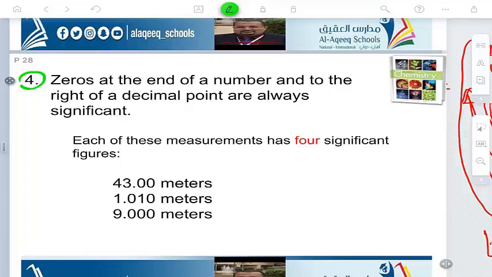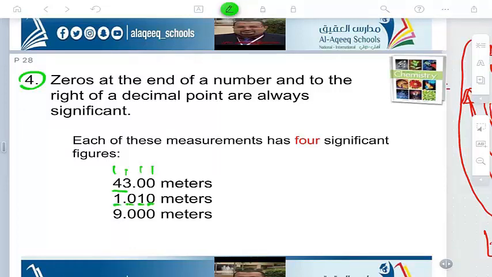Look at this example: 43 meters, but we have a decimal and 0, 0, and we count them. Why? Because the digits have value here, even though they are zeros. Look, 1, 2, 3, 4. What about this? 1, 2, 3, 4.